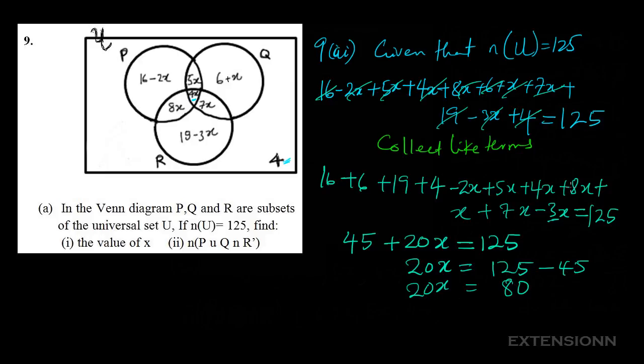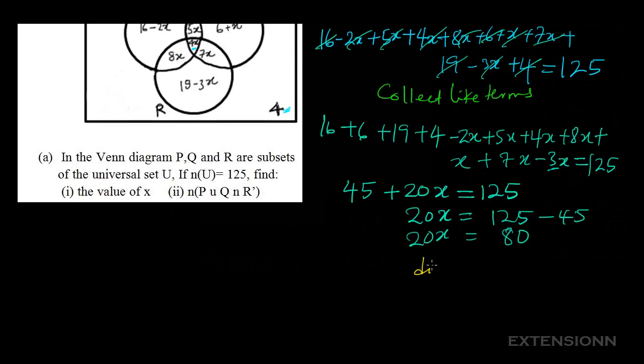So here 20 is stopping x from standing alone. X wants to stand alone, so 20 is stopping it. So what we'll do is divide both sides by 20 to cancel 20 out from there. So we'll have 20x all over 20 equals 80 over 20.